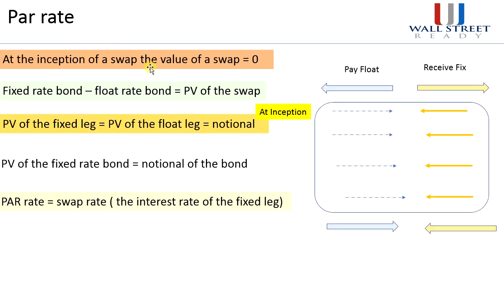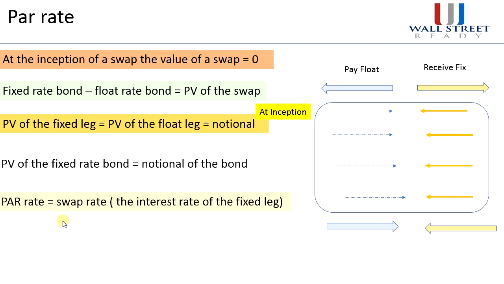At inception, if the present value of the fixed rate bond equals the notional of the bond, then we can say the par rate of this bond is equal to the swap rate. Remember, the swap rate is the interest rate of the fixed leg. So in a nutshell, in this slide, at inception the swap rate is the par rate.